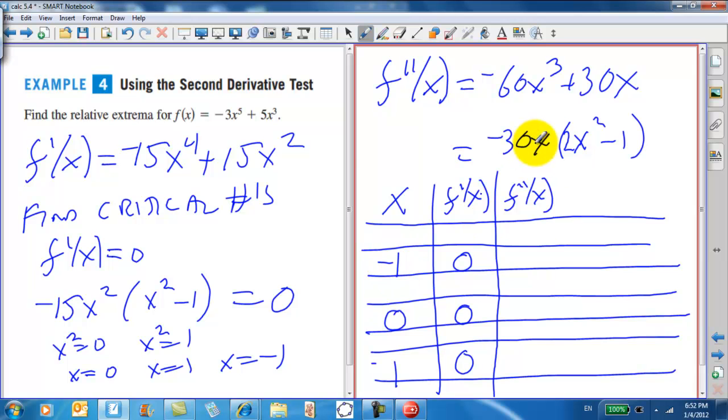If you put negative 1 in here, we're going to get something that's positive times positive is positive. So that means it's concave up. The original function f is concave up there.